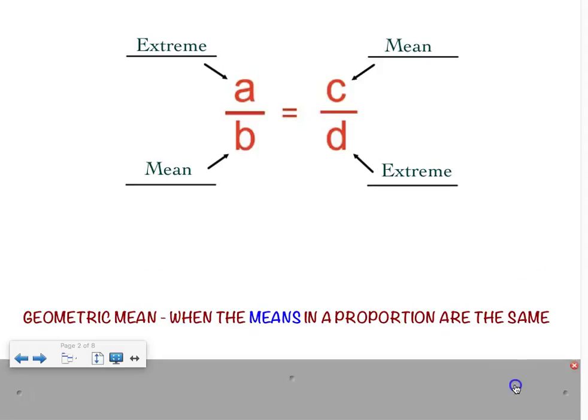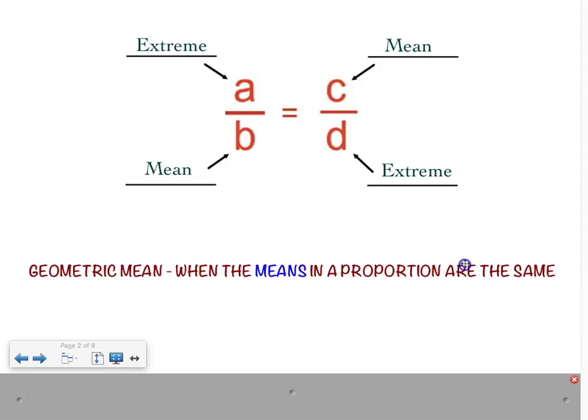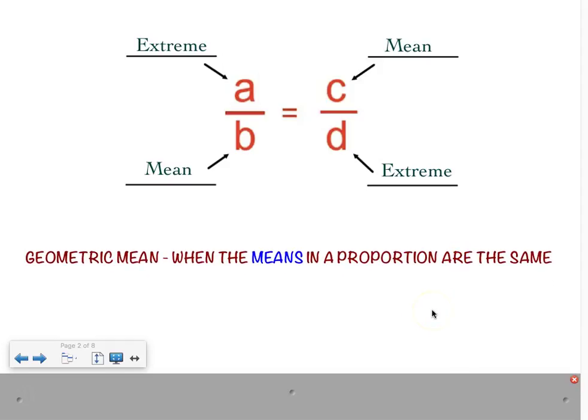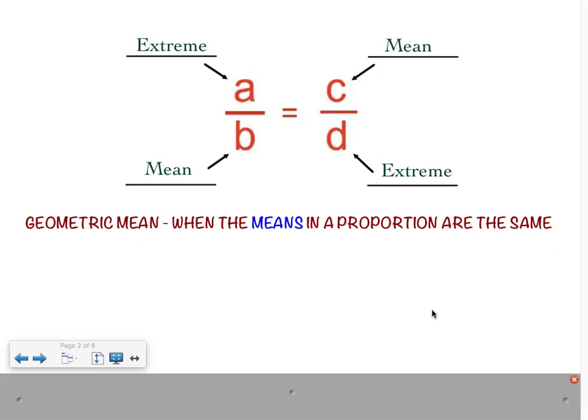Now a geometric mean is when the means in a proportion are the same. So instead of writing C, what would I write?